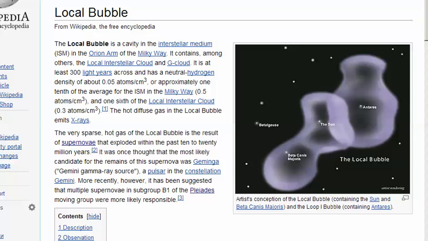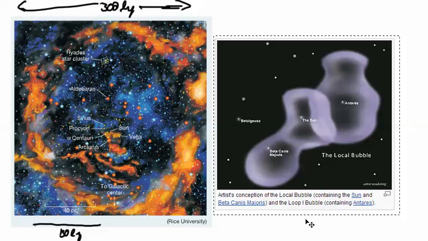Now, Wikipedia's diagram of the same phenomenon appears to be more or less 3 different bubbles, one centered close to the sun, one close to Beta Canis Majoris, and one close to Antares. And unfortunately, neither of these two images share any stars other than the sun, so it's hard to get a measure of their relationship.